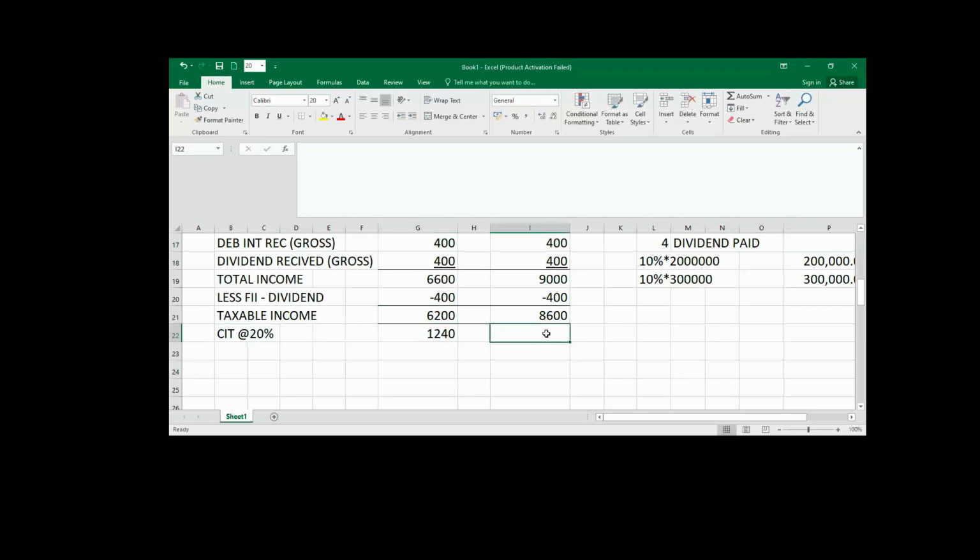Then 20% of 8,600 is 1,720. This is the tax they are supposed to pay.